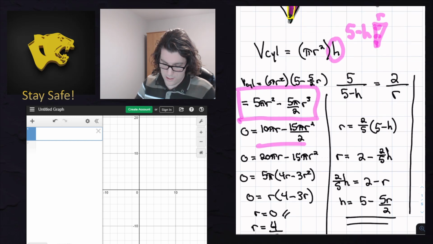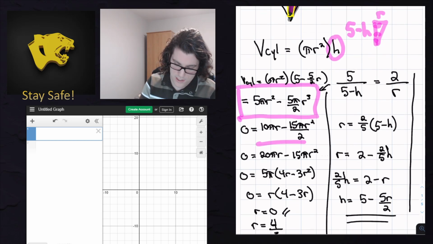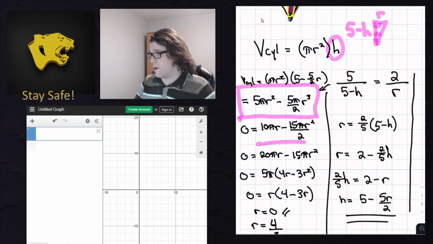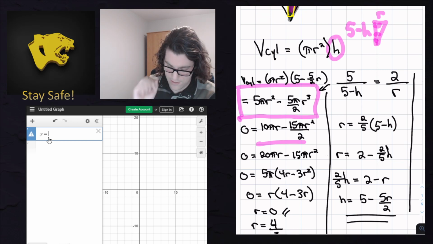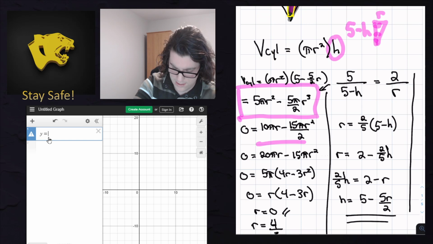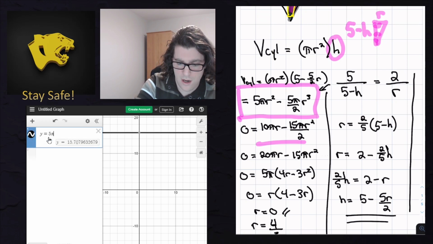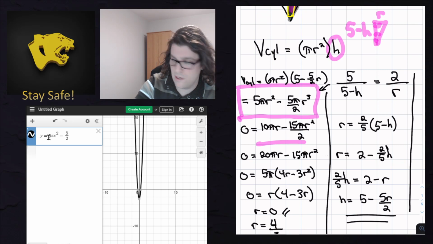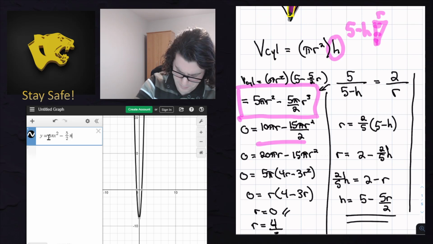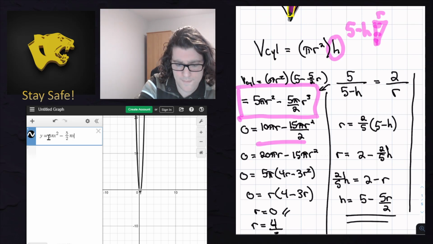Because what I'm going to do is use this highlighted box right here as an equation that just represents our volume. So I'm going to do y's and x's instead of V's and r's. But if I did y is equal to 5 pi x squared minus 5 halves pi x cubed.